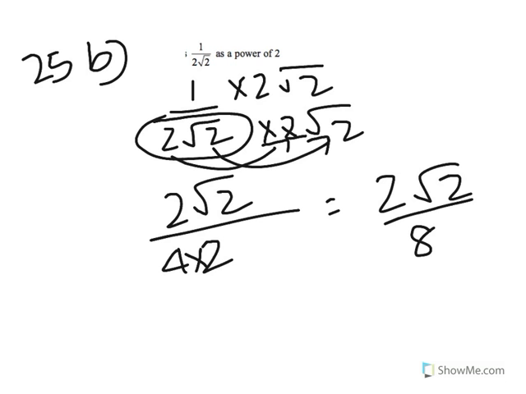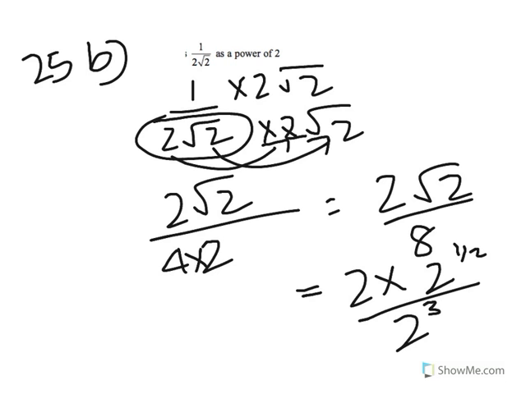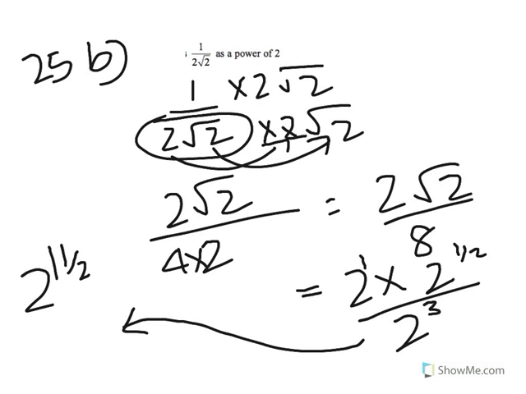Now, we have to write this as a power of 2. Basically, 2 times root 2 can be written as 2 to the power of 1 times 2 to the power of half, which is 2 to the power of 1 and a half. And 8 can be written as 2 to the power of 3. So 2 to the power of 1 and a half divided by 2 to the power of 3.